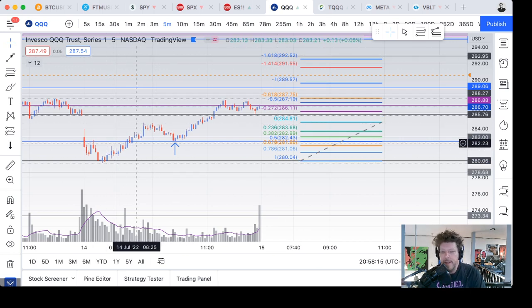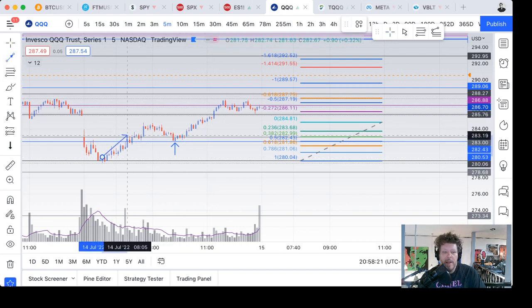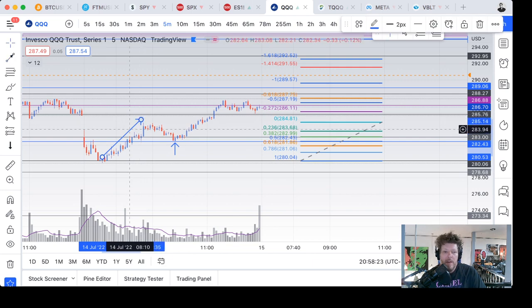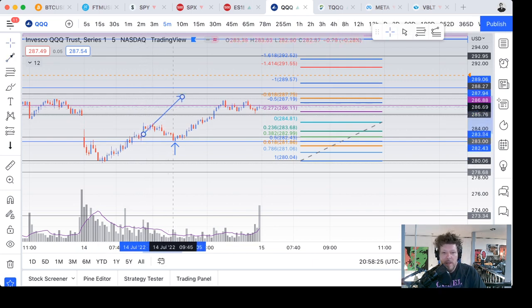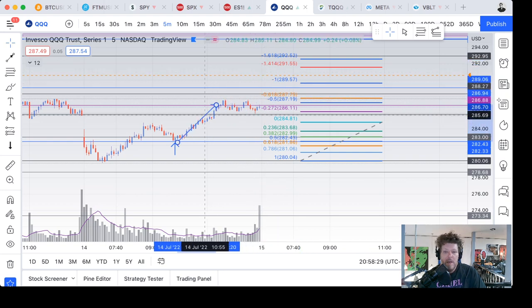So when we're talking about extensions, this move right here is your 1, and then you get an extension of the move. This is your 3 wave.